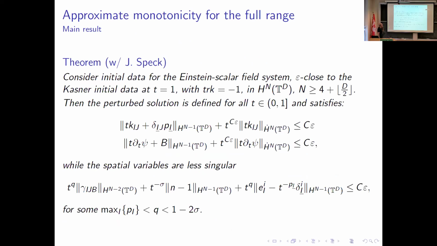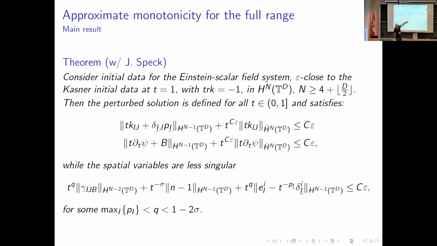And the result that we have with Jared says that there is approximate monotonicity. So somehow there are cancellations for the full range of Kasner parameters that I personally didn't think were possible, but it took a while, and we saw some new structure that helped us to get this.